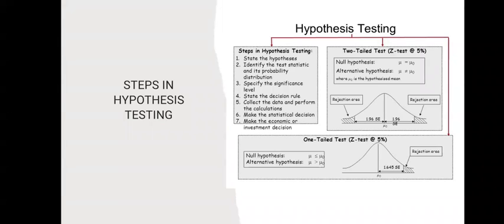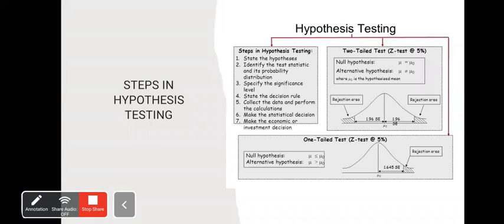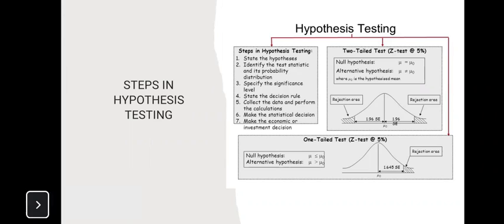Two-tailed z-test, for example, at 5% significance level. Null hypothesis is mu is equal to mu naught for the sample. Alternate hypothesis, mu is not equal to mu naught. And when we plot the normal distribution curve, we see that we have two rejection areas in a two-tailed test.